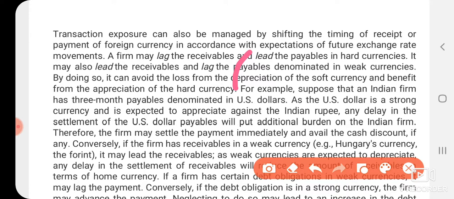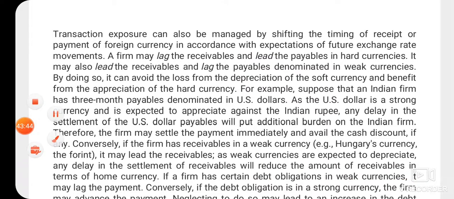For example, suppose an Indian firm has a 3-month payable denominated in US dollars, a strong currency expected to appreciate against the Indian rupee. Any delay in settling the US dollar payable will put an additional burden on the Indian firm. Therefore, the firm may settle the payment immediately and avail the cash discount, if any.